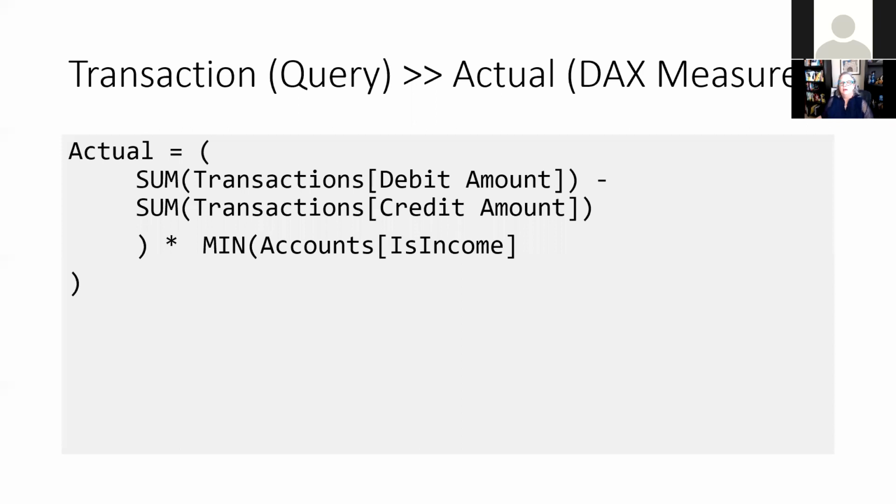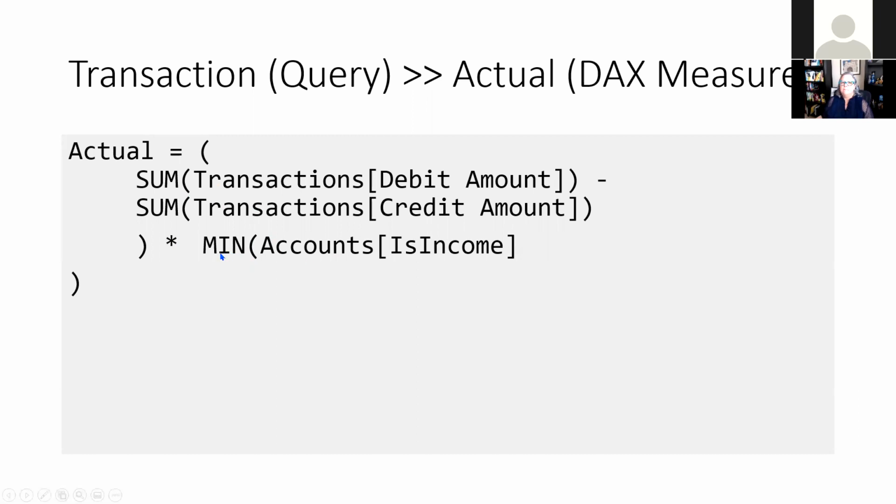And then I added a couple of DAX measures, and we talked about DAX a lot in last month's session. So basically, one of the things I did is I created something that gives me the actual. I took the actual measure that we created last month, and I added to it, multiplying it times that that is income, so I could know if I needed to reverse the sign.